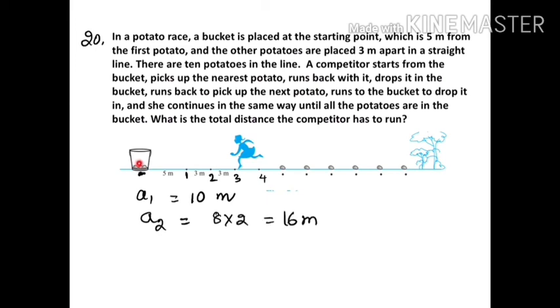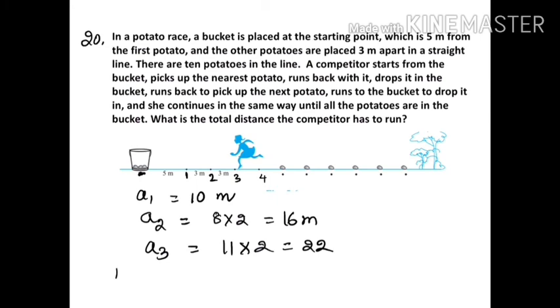Likewise, to pick up the third potato, again she starts from the bucket and covers 5 plus 3 plus 3 meters and then goes back through the same distance. So the distance she covers is 5 plus 3 plus 3, that is 11 into 2, which is equal to 22.